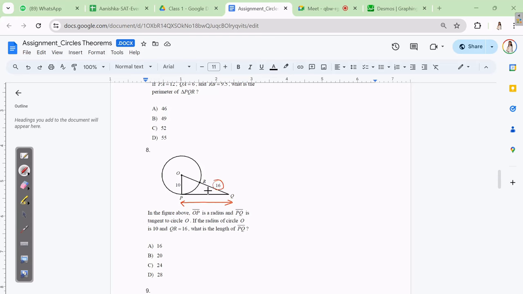QR is 16. Oh, did you mean OR? Yes, OR will also be 10 because OR is a radius and OP is a radius. So now it's easy.